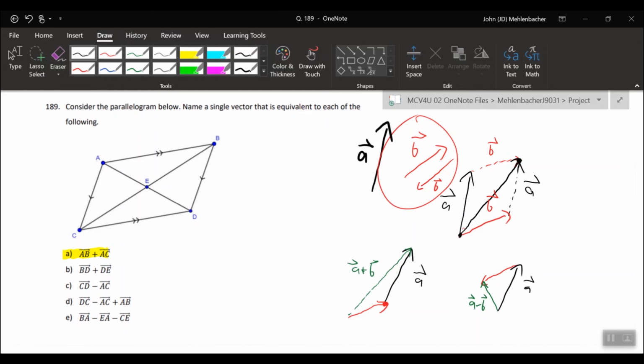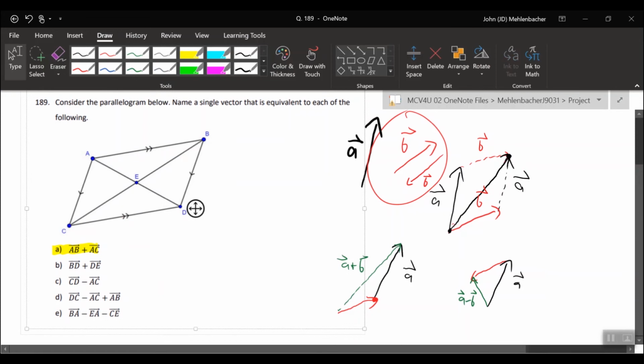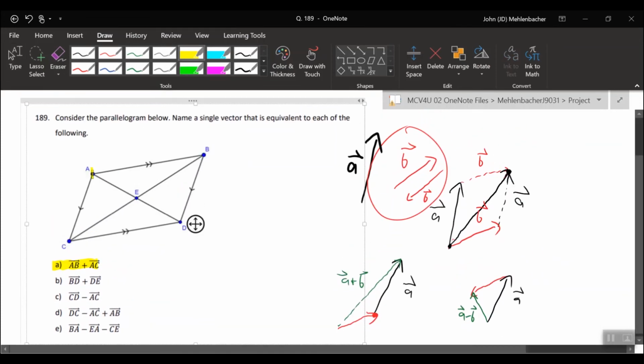So AB would start at A and go to B, just like that. And then AC would be this one. From tail to tail, it's just from the one corner to the opposite corner, so a vector equivalent to it would be AD.